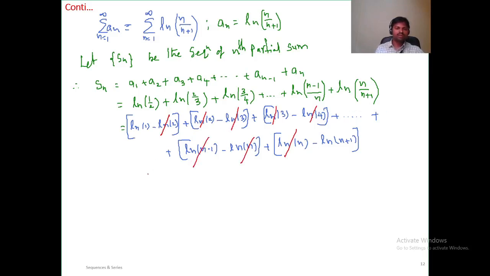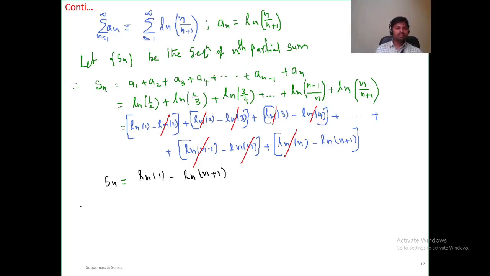The first term is ln 1 and the last term is ln of n plus 1. So it is also an example of a telescoping series, where except the first and last, all the terms cancel out in pairs. This is the second example of a telescoping series, ln n by n plus 1. So this is Sₙ now.